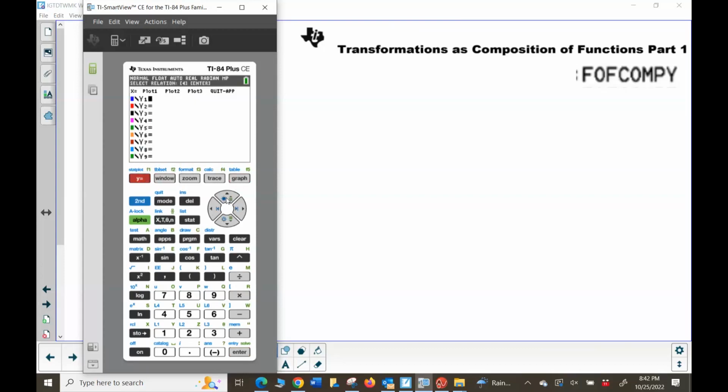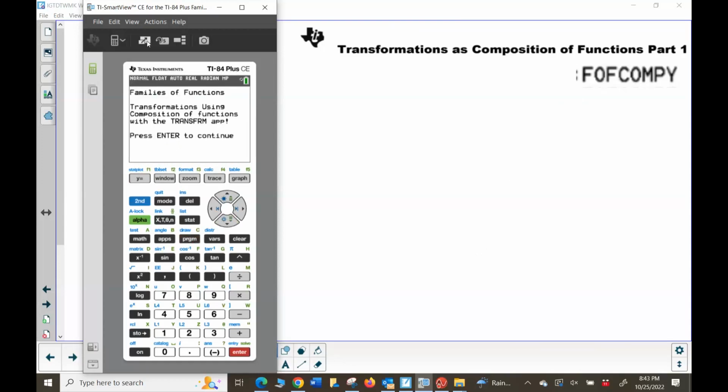By the way, I was using the Inequalities app. I want to go back up now and turn that off because when I use it, I love it. And when I don't want to use it, it gets in the way. Okay. And so I know it's now gone because there's no x equals up here. All right. So I have a program called FOF Comp Y that I want to use, FOF for families of functions. And so go ahead and run that program.